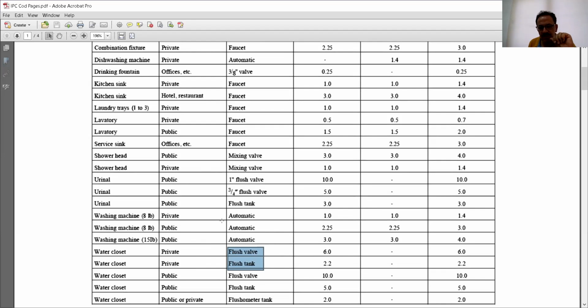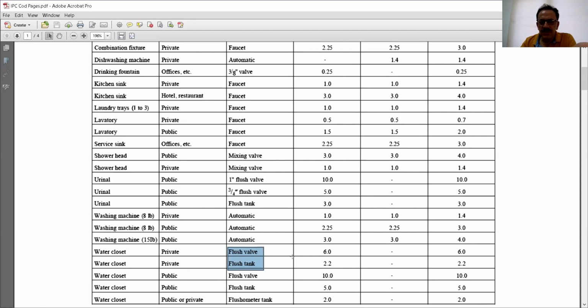What's the difference between them? The flush tank is the one where you have a roof tank in the building. Let me say in your house you have a roof tank, and it's linked to the water closet. That is called a flush tank. Another one is called flush valve.